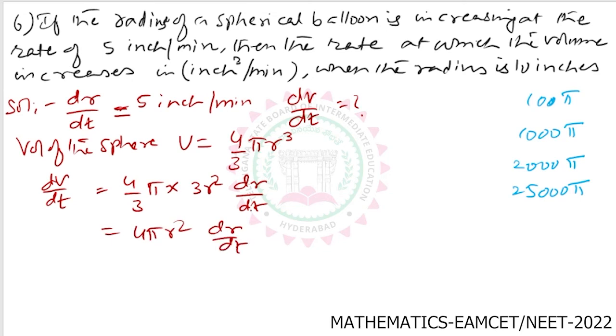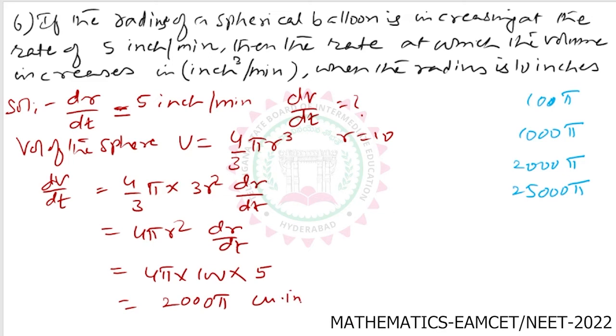If I substitute, the radius is given as 10 inches, so r is equal to 10. This is nothing but 4 into pi into 10 into 10, that is 100, into dr by dt which is also given, that is 5. So, on simplifying, this gives me 2000 pi cubic inches, right?